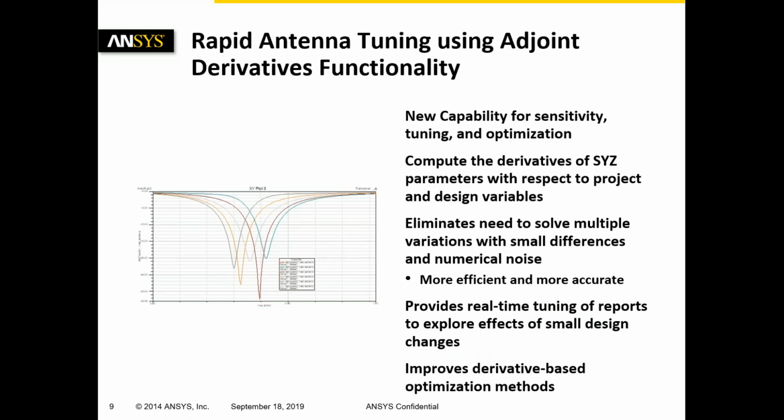So using HFSS, we can do rapid antenna tuning using the adjoint derivatives functionality. This new capability is for sensitivity tuning and optimization that computes the derivatives of SYZ parameters with respect to project and design variables, which can eliminate the need to solve multiple variations with small differences in the numerical noise.